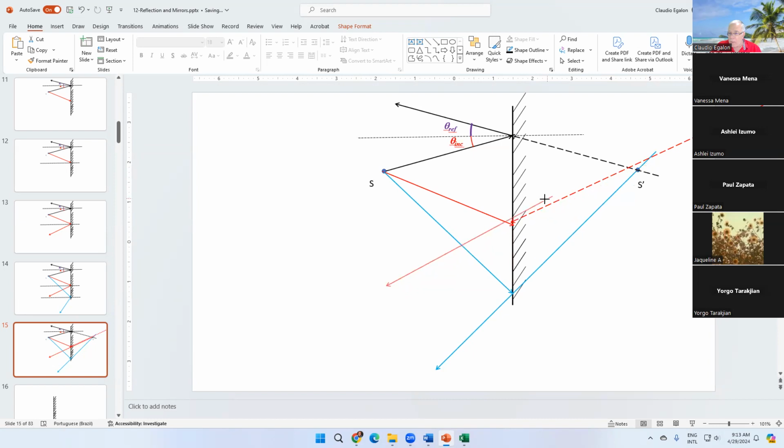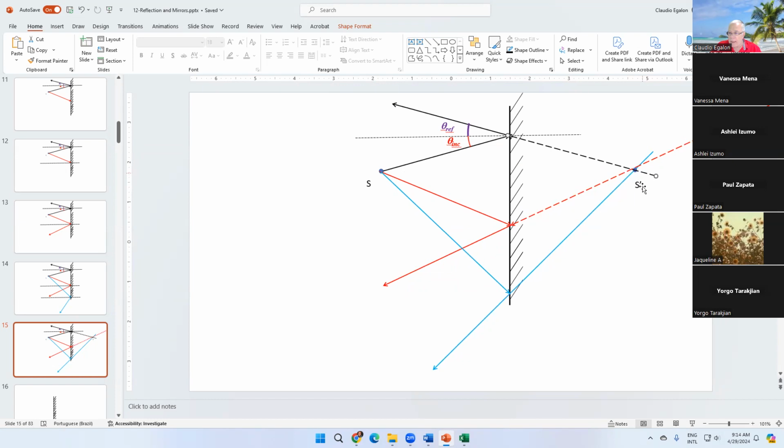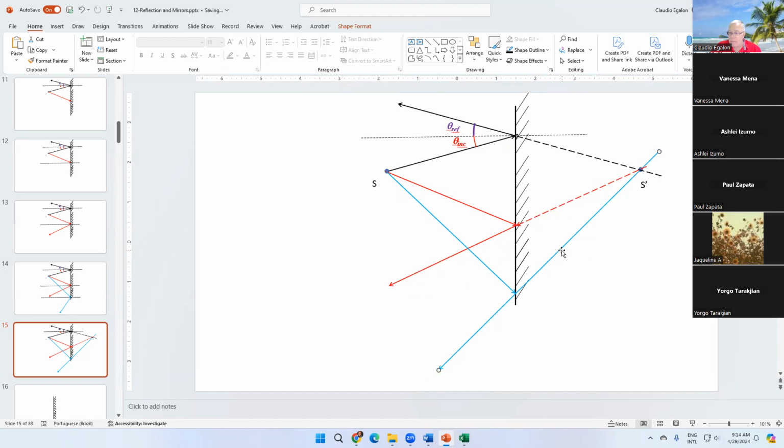Here you go. The source is a little bit higher than what I had drawn. So practice this technique many times. And we have this one as well.